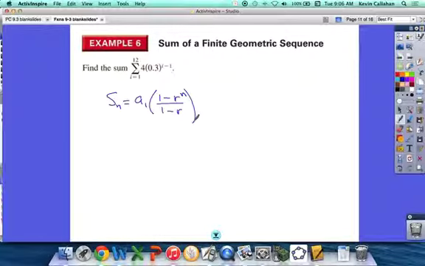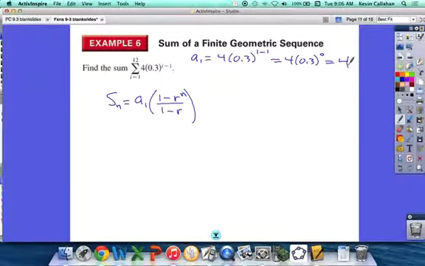Okay, how do I find the first term? When I'm looking at this summation notation, we did this already. How did we find the first term when we were starting with that notation? We plugged in the bottom number, right? So in this case, the A1 is going to be 4 times 0.3 to the 1 minus 1, which is 4 times 0.3 to the 0, which is 4.